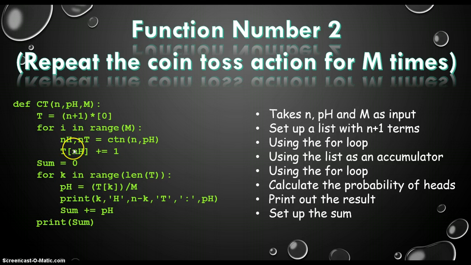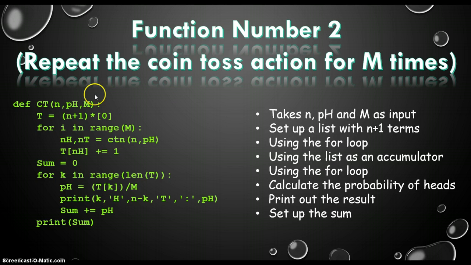Then it goes to the corresponding term in the list, and adds 1 to it. Which term in the list is that? As in my definition, my assumption is that this will be n plus 1 terms, right?